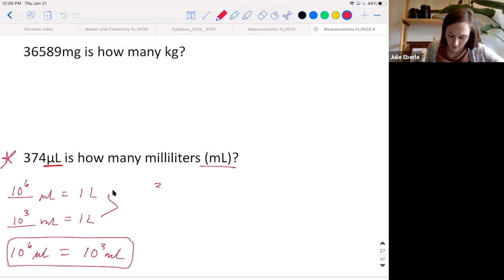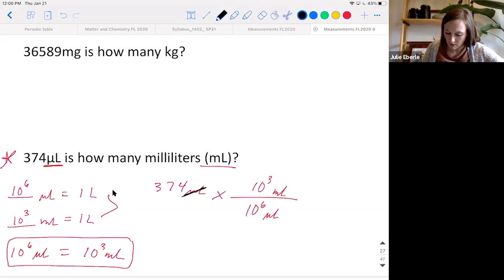So to start the problem, 374 microliters. Now I'm going to write this as a conversion factor. One on top, one on bottom. I want microliters to cancel. So 10 to the power of 6 microliters on bottom, 10 to the power of 3 milliliters on top. Now I have microliters on top right here. I have it on bottom, so it cancels.